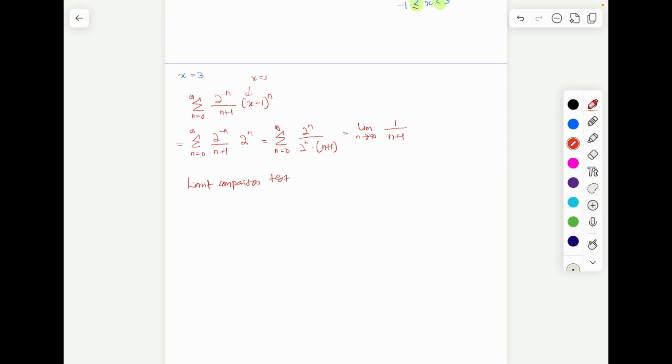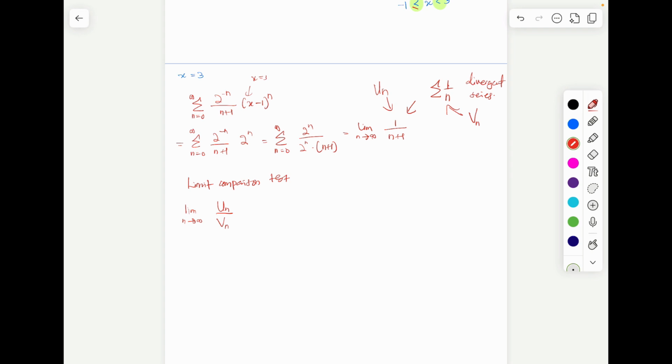If you look at this series, it is nearest to the form of series 1 over n. So you know the series of 1 over n is a divergent series. If you use the limit comparison test, you find the limit as n goes to infinity of un divided by vn. So in this case, this is un and this is vn, the series that we choose to compare with our series.